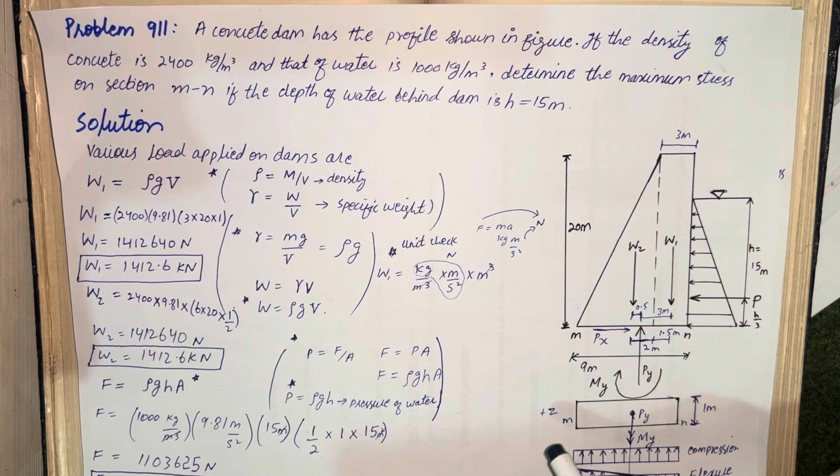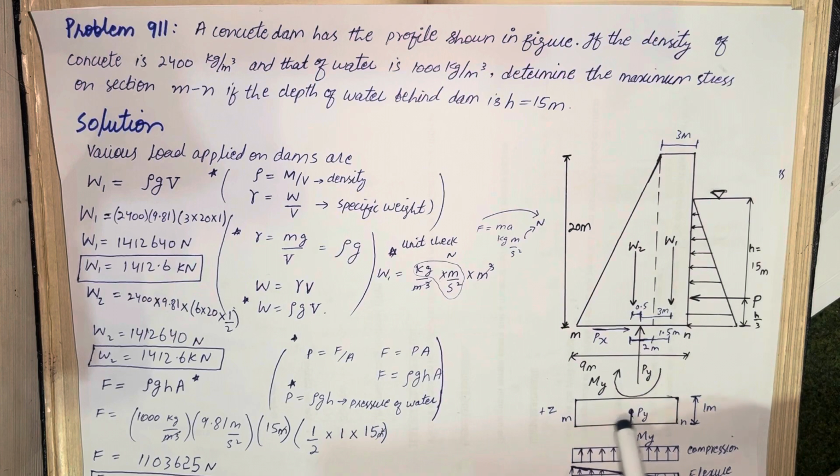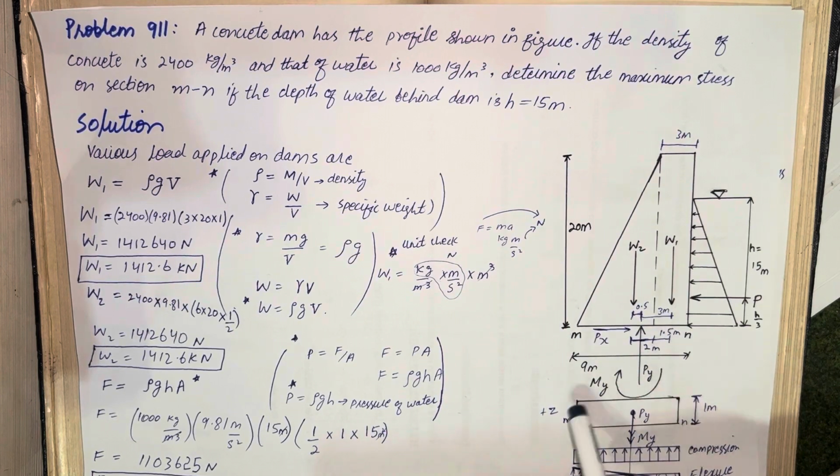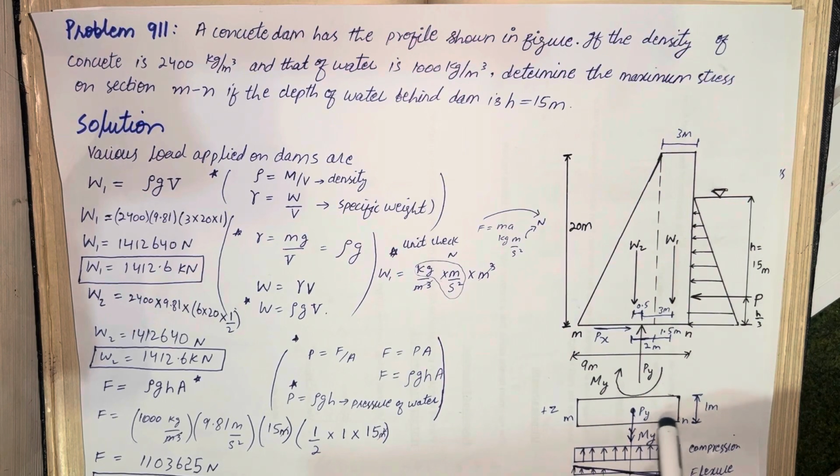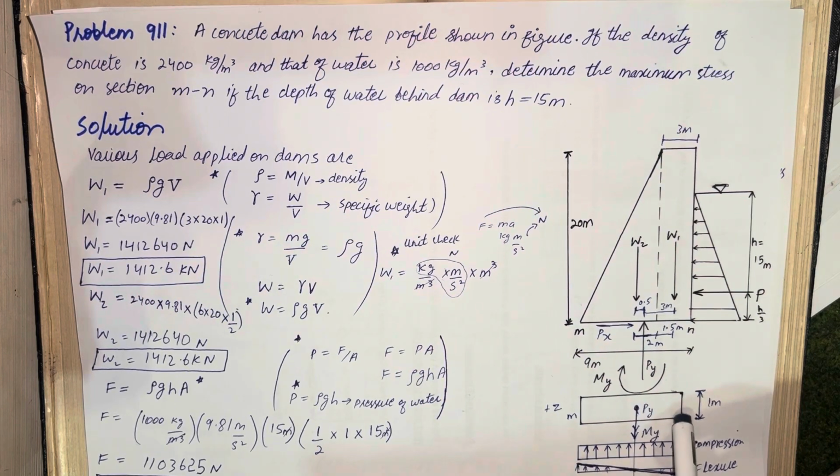So here we will find the stresses at this M and N section, just for this base of the concrete dam. Here the width of the base is 9 meter and the length of the base is 1 meter, because we are studying the area having length 1 meter, not the whole length of the dam.